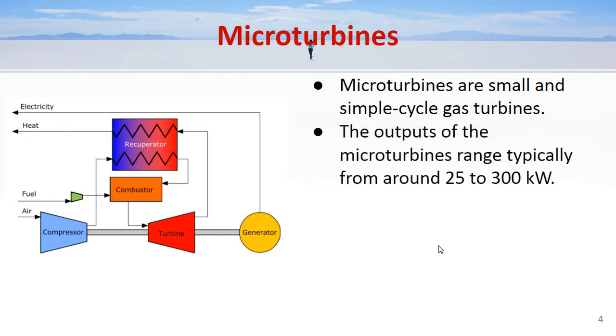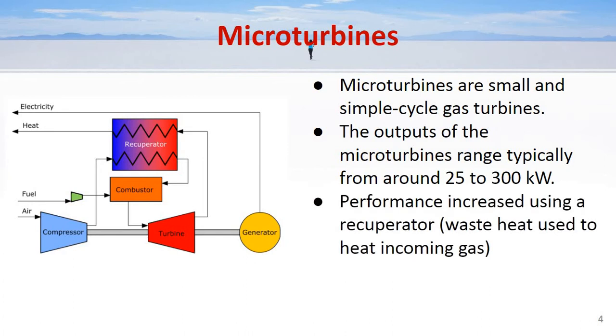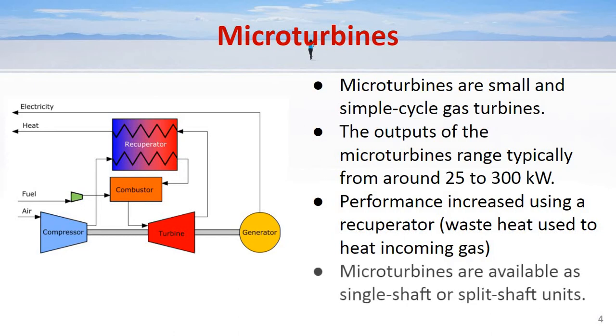The outputs of the microturbines range typically from around 25 to 300 kilowatts, and their thermal efficiency is increased using a recuperator. So the waste heat is used for heating the incoming gas. Microturbines are available in two forms: single shaft or split shaft units.